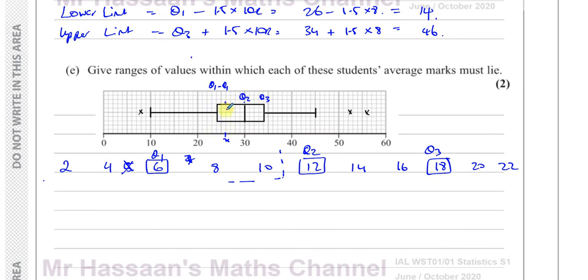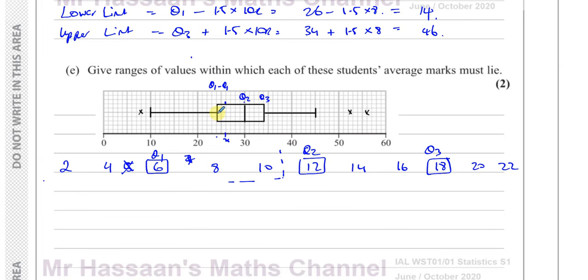If there's a number between 24 and 26, that number would become the new lower quartile. We want 26 to be the lower quartile, so from 26 and above are the possible values for a number that can be added.